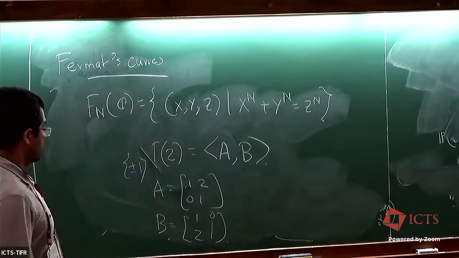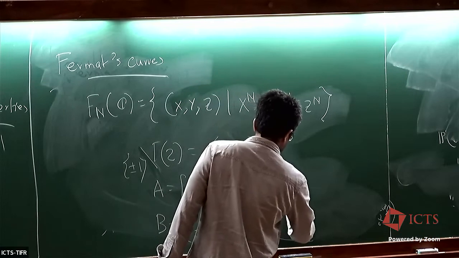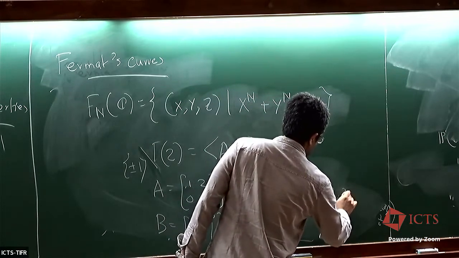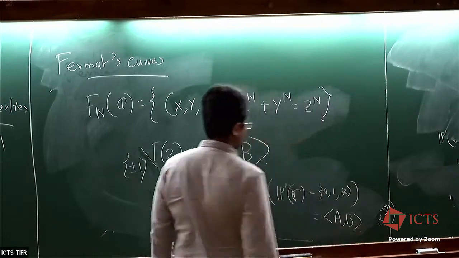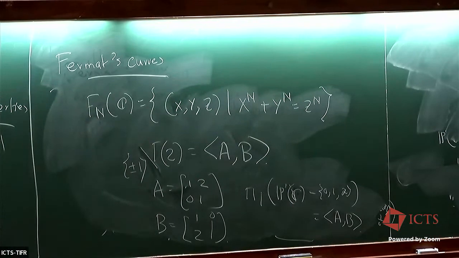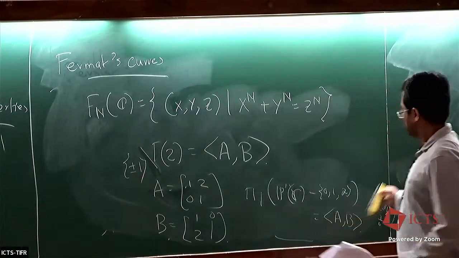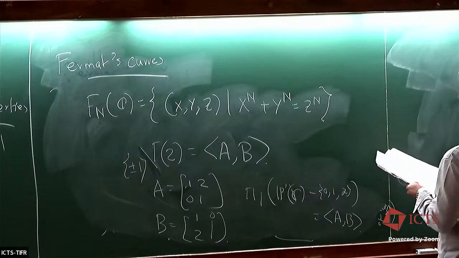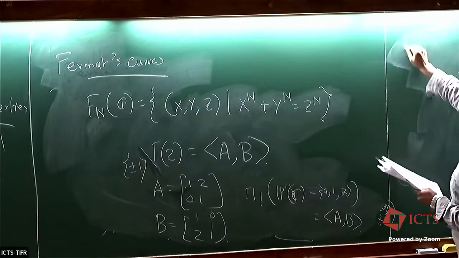And you see this pi 1 of P 1 minus 3 points, 0, 1, infinity. So this is A and B. Okay, and so this curve, Fermat's curve, corresponds to, you can make it explicit. You have this map to the group, identity. So I take this n to be odd.